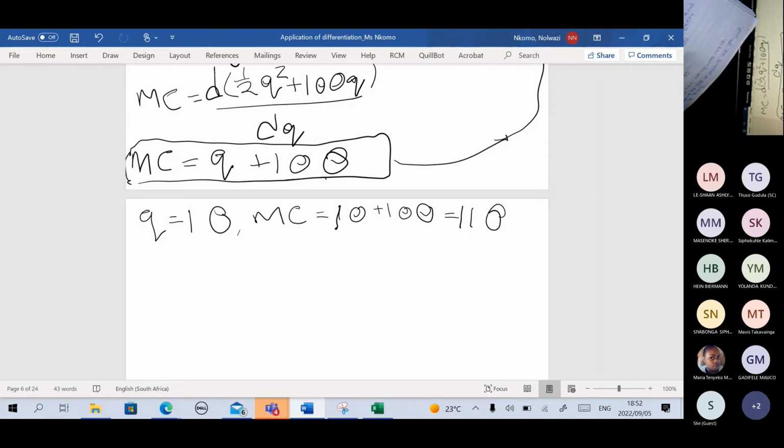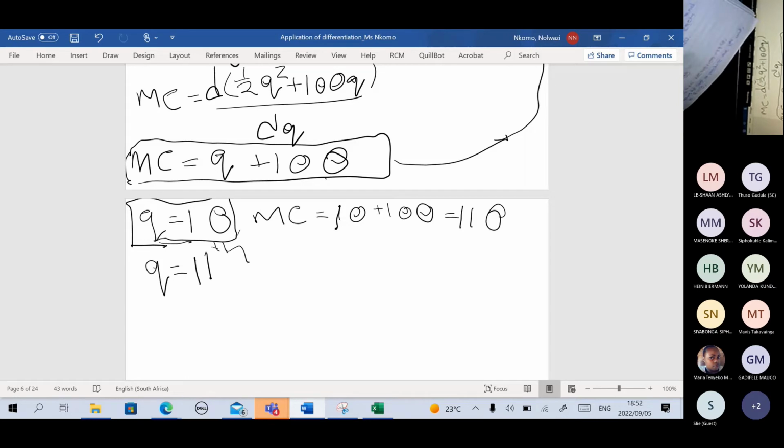So this means that the cost to produce the 11th unit is 110, because here our Q is 10, so the next unit will be the 11th unit.